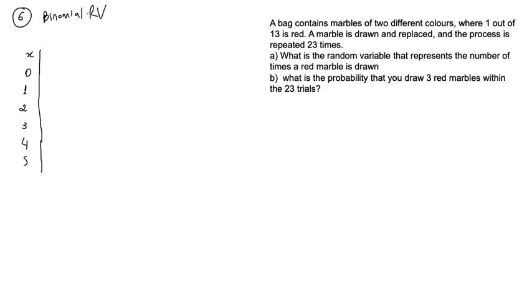It could be different, but let's consider that the success is having a heads. I could have 0 successes, meaning that I had 0 heads in 5 trials. That could happen. I can have 1 head on the 5 chances that I take. I can have 2. I can have 3, 4, and 5, right?